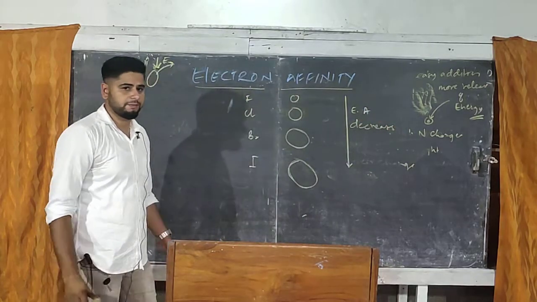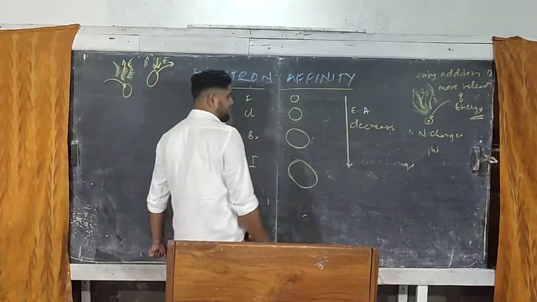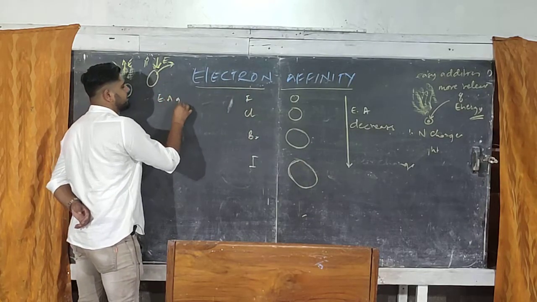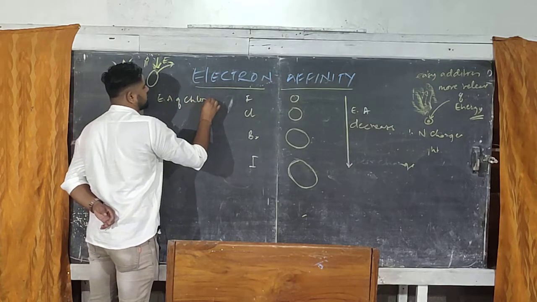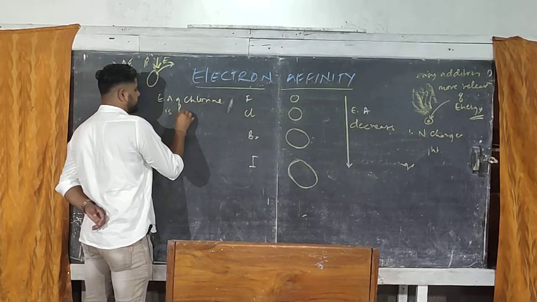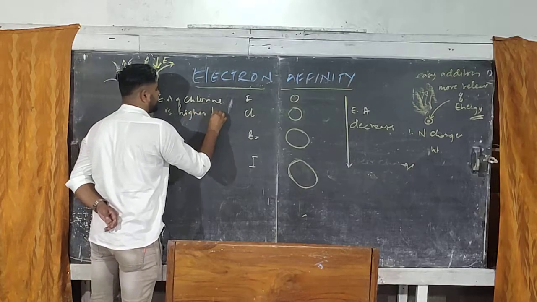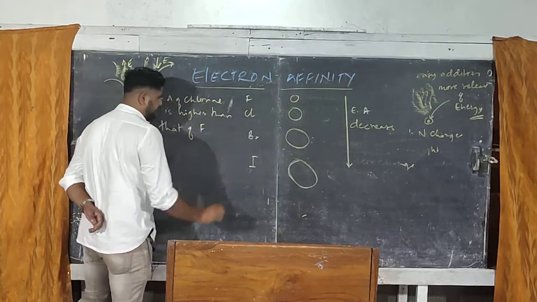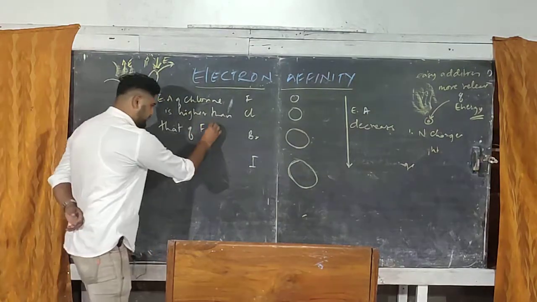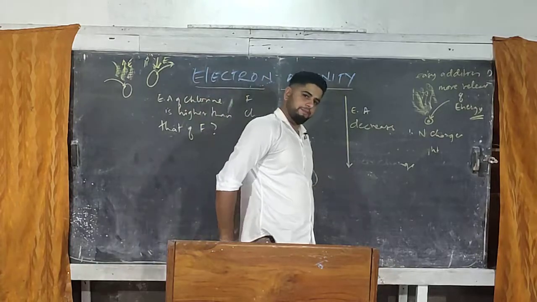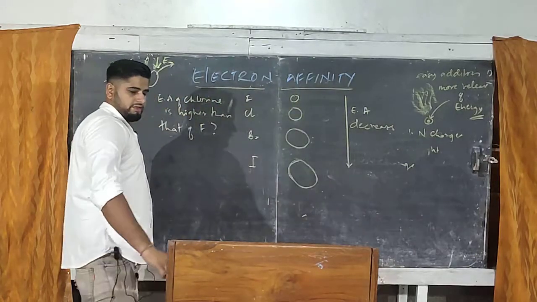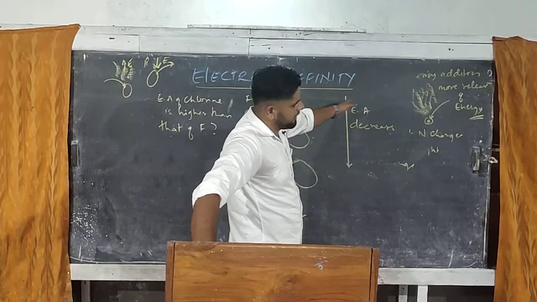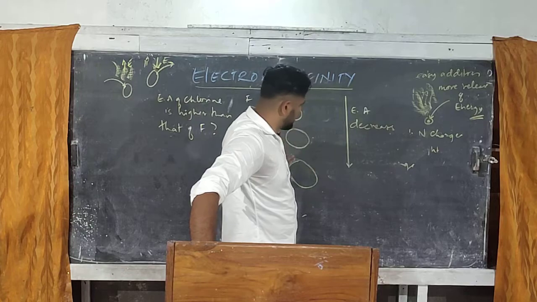But the electron affinity of chlorine is higher than that of fluorine. You'll get this question. Why? Generally, electron affinity decreases from top to bottom of the group.